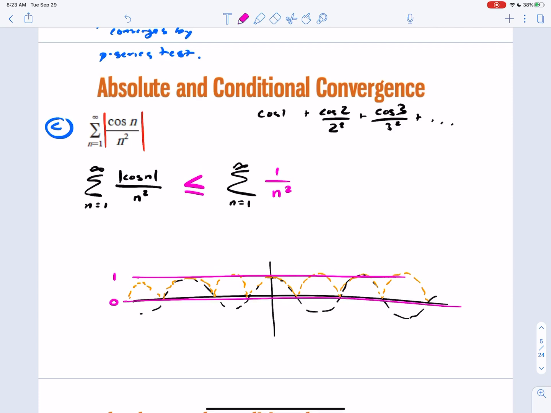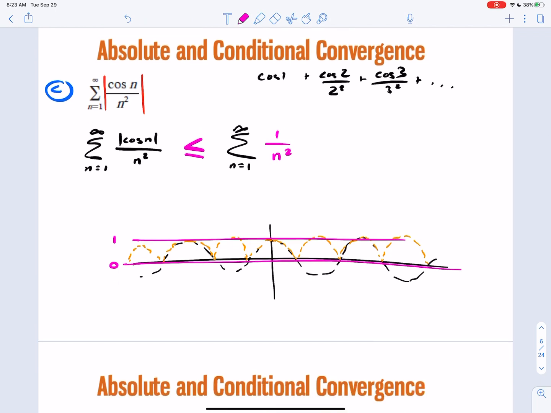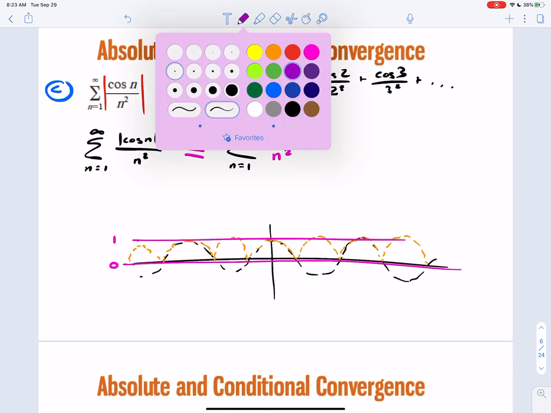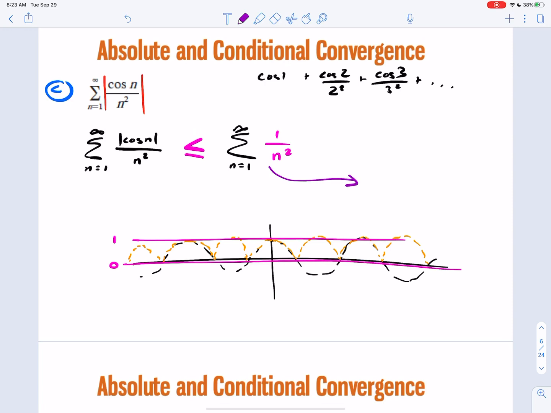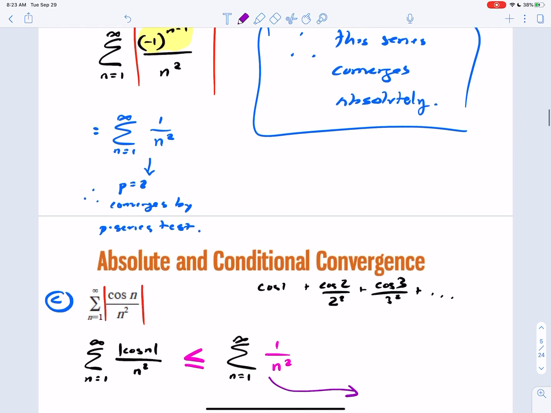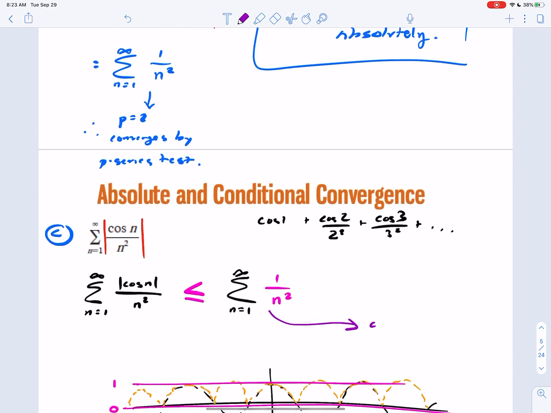Now, the or equal to really doesn't matter, you guys. Don't stress too much about that part. So here's what we got to do. We compared it to something. I'll draw some arrows here. What do you guys know about that series? We had that exact same series in the previous problem. We know that it converges by the p-series test.